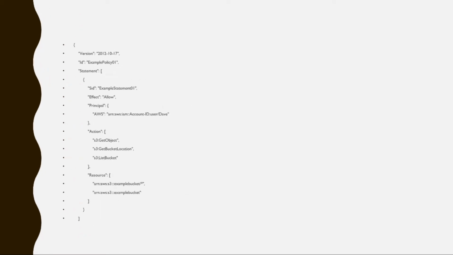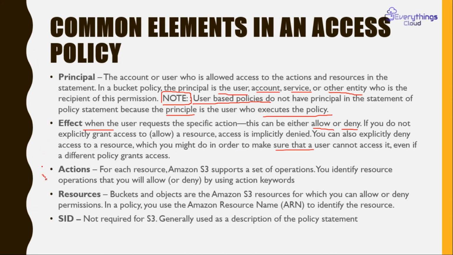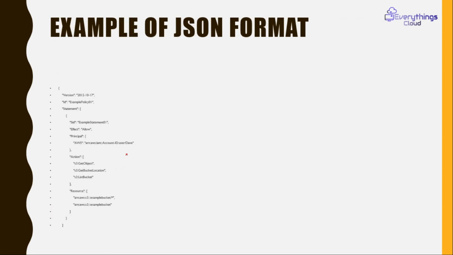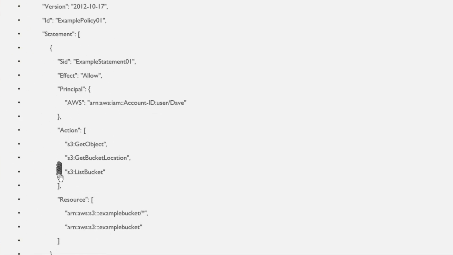Next we have the action. Action is a type of keyword which is already defined by S3 to allow or deny the permission to the user. That means in action we have already defined keywords. I'll show you how it looks.